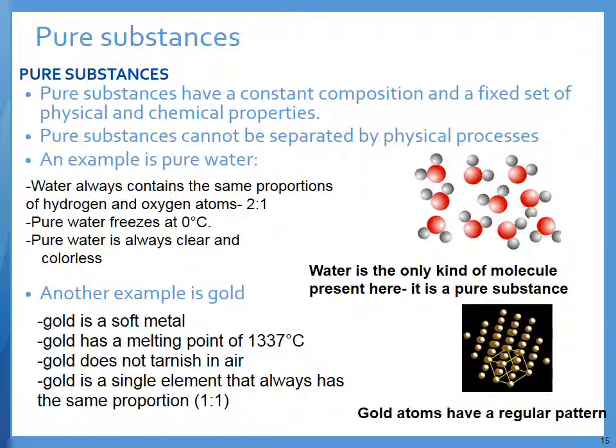An example is pure water. Like I said a minute ago, water always contains hydrogen and oxygen, and it's always in the same ratio, 2 to 1. So no matter where I get water from, the ocean, the lake, or my faucet, it's always going to have 2 hydrogen to every 1 oxygen. So that is constant composition.